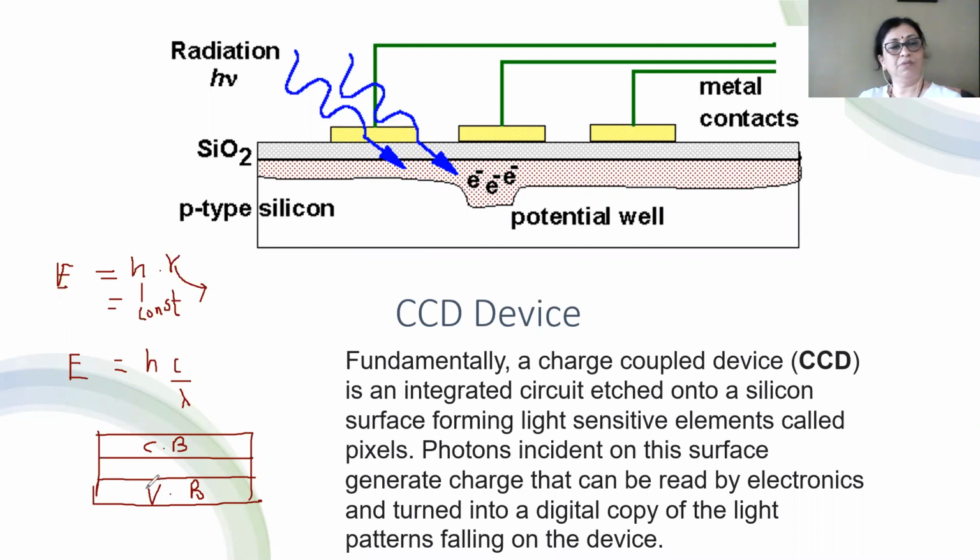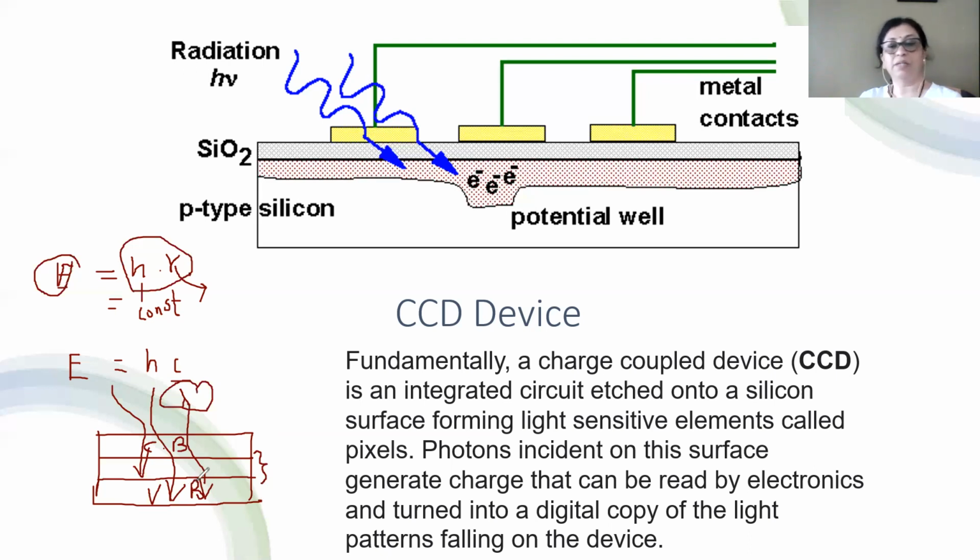When light falls on the semiconductor, photons are incident on it with energy equal to h into nu. This energy value should be at least equal to or greater than the band gap value. That means the wavelength of this radiation must be equal to or less than the corresponding band gap wavelength.